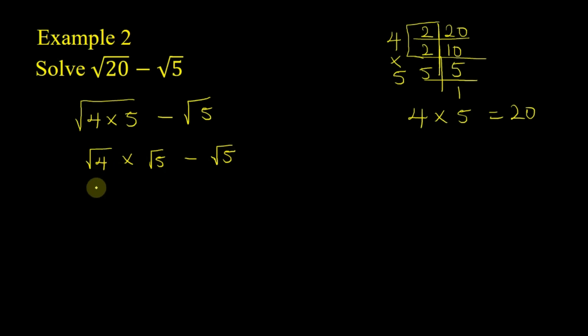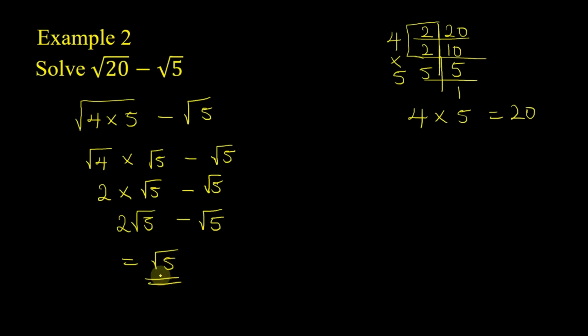The square root of 4 is 2, so 2 times the square root of 5 minus the square root of 5. So 2 times square root of 5 gives me 2 square root of 5, minus square root of 5. So 2 square root of 5 minus root 5 will be equal to what? This will be equal to square root of 5.